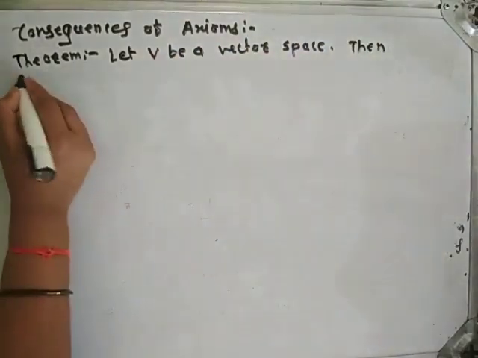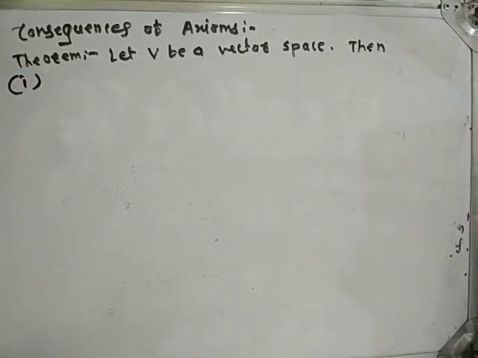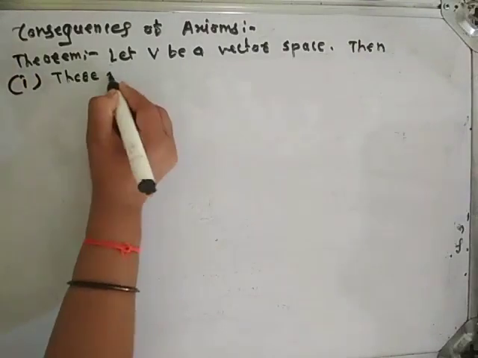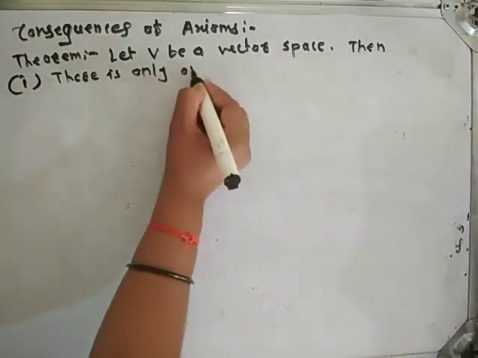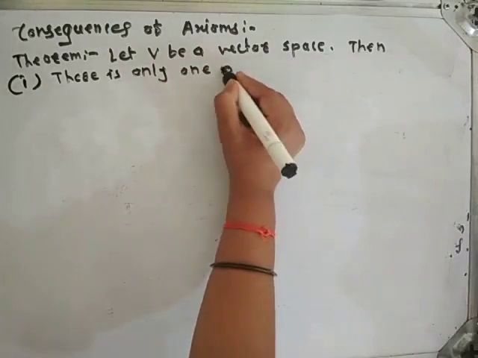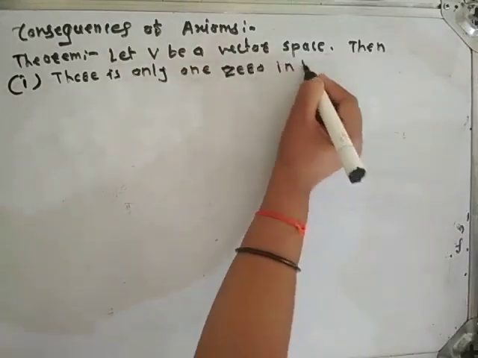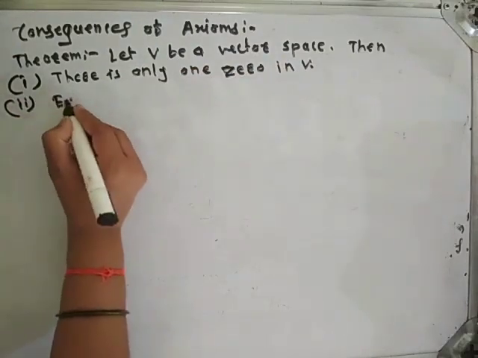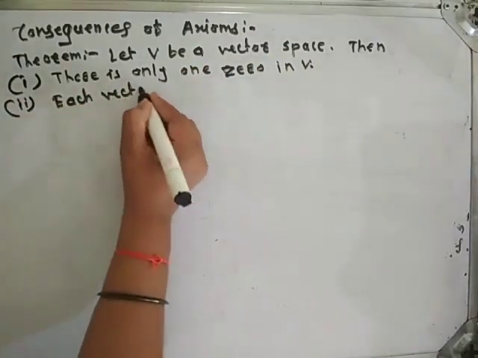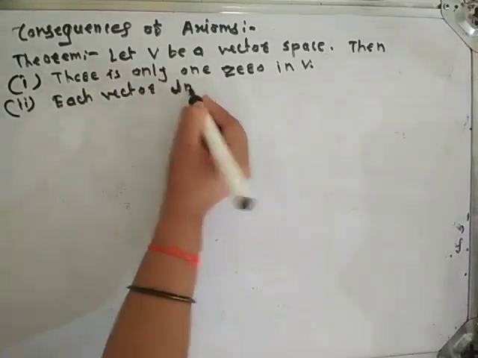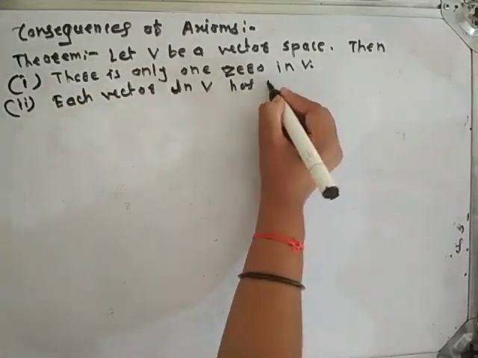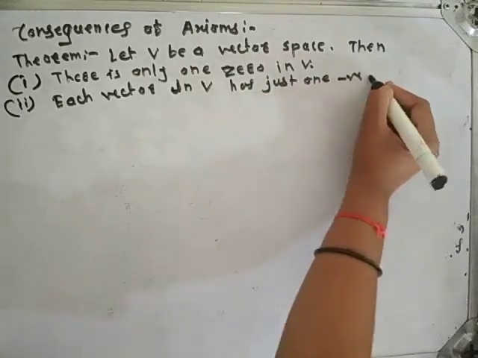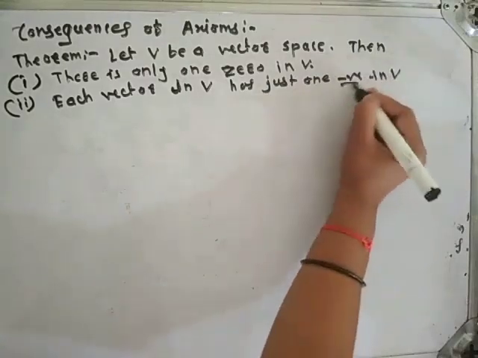Then first, there is only one 0 in V. And second, each vector in V has just one negative in V.